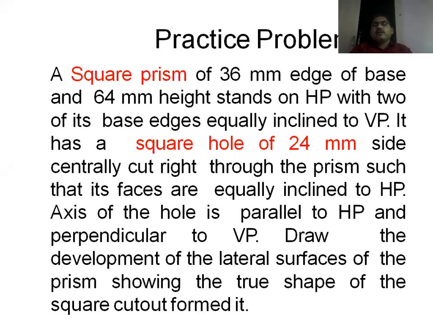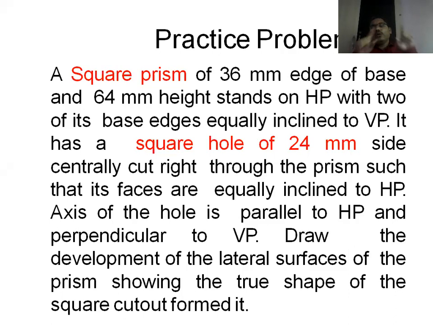Then this square hole is such that its faces are equally inclined to HP. That means this hole will appear in which view? Can you draw this hole in front view first or in top view first? We will draw the front view of this 24 mm hole first, and we will arrange the position of this hole exactly at the center point of the axis.